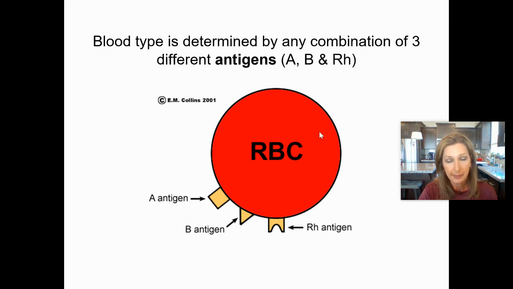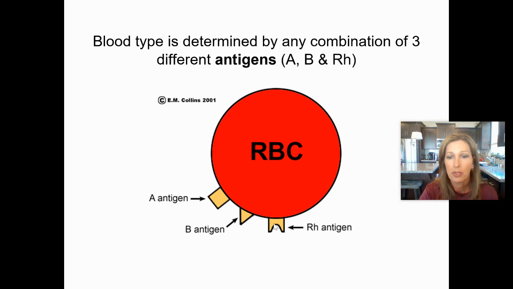So for me, being O positive, my red blood cells would just have this Rh antigen on them and would not have the A or the B antigen. Now, somebody who had all three of these antigens would be considered AB positive. So when I tell you my blood type, I'm telling you which A and B antigens I have, and whether I have an Rh antigen or not.